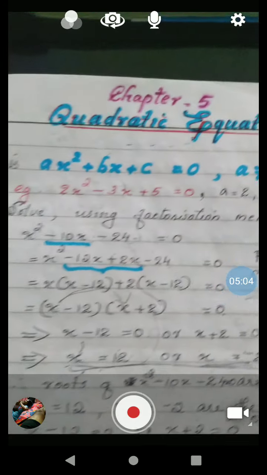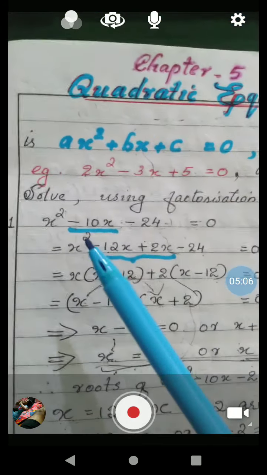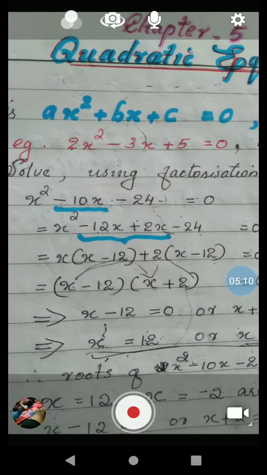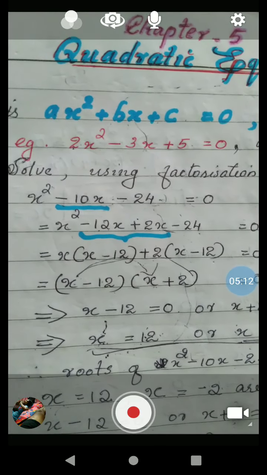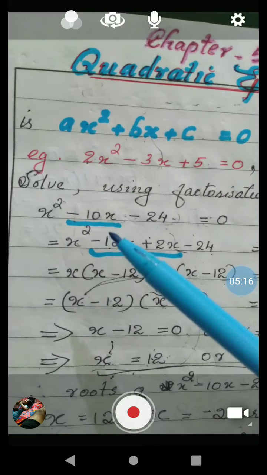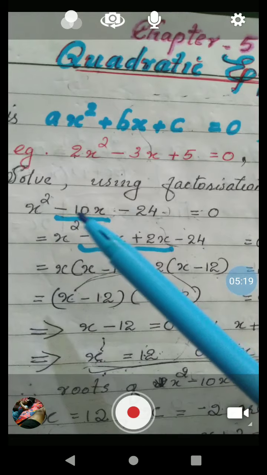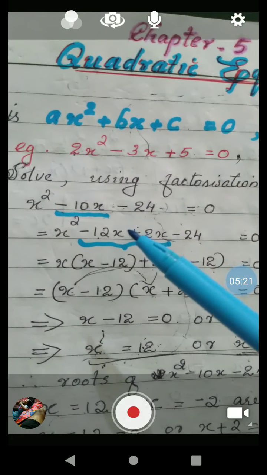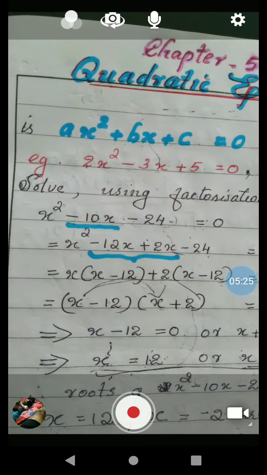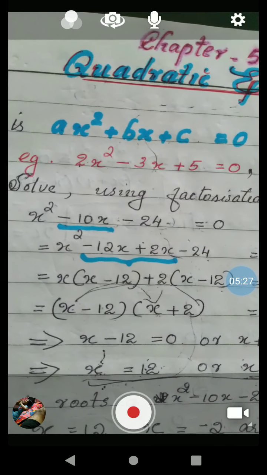Okay, solve this quadratic equation. You can see x square minus 10x minus 24 is equal to 0. That is a quadratic equation. And using product and sum, you can factorize this left side. And we can find the values of x.